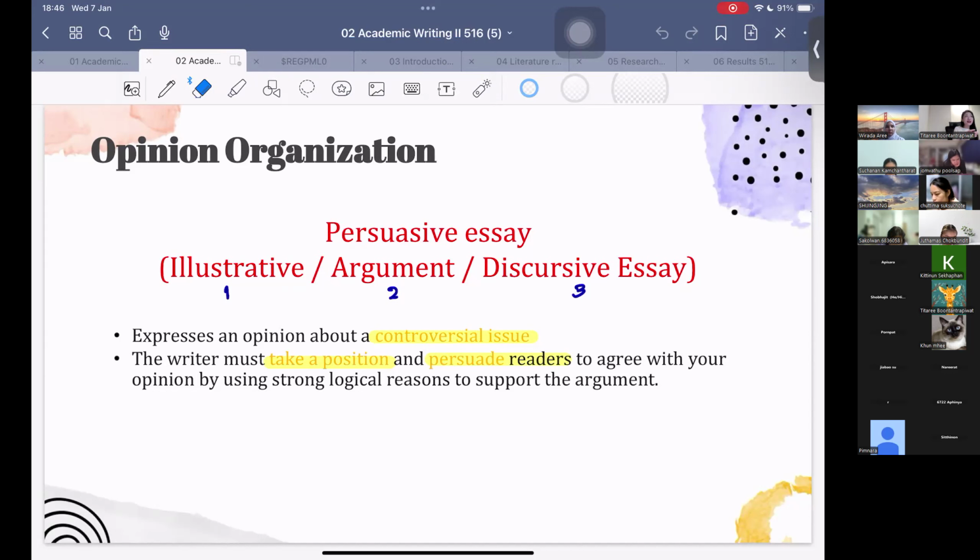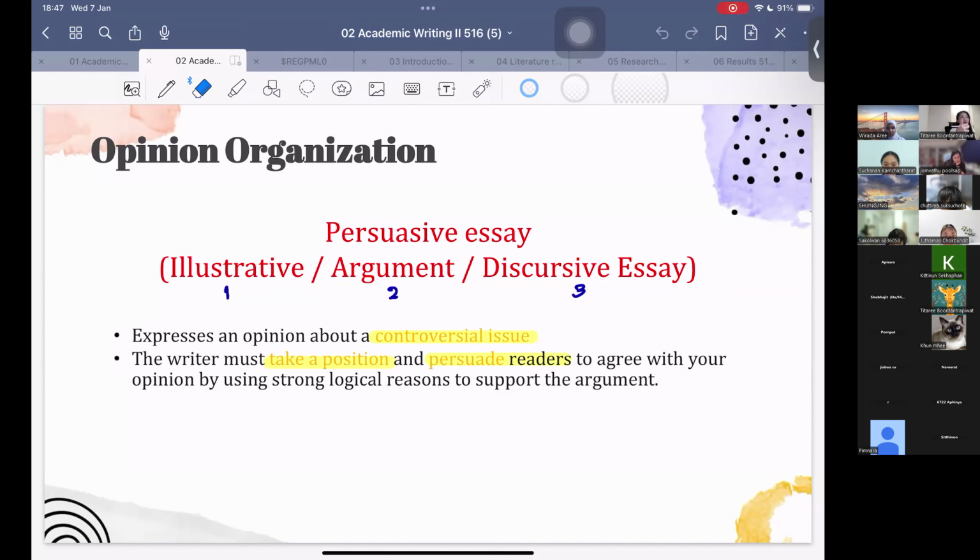And it's okay to disagree and it's okay to agree. It's a topic where not everybody sees the same. Some people might go for this side, some for the other side, so at the end of the day, when you write, you need to take a stand, take a position.